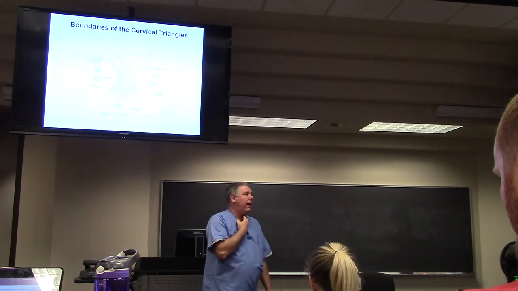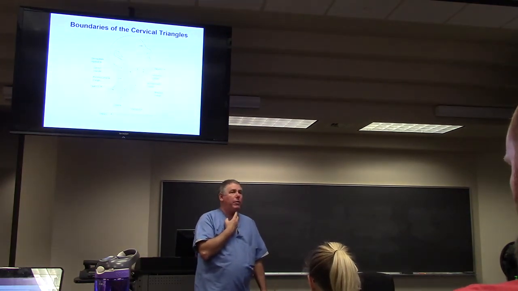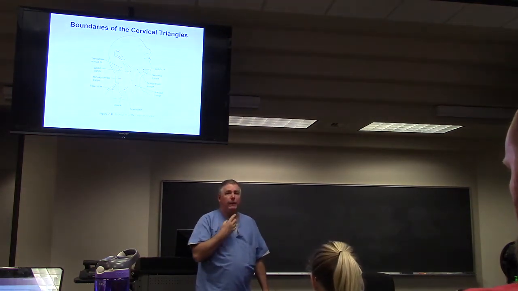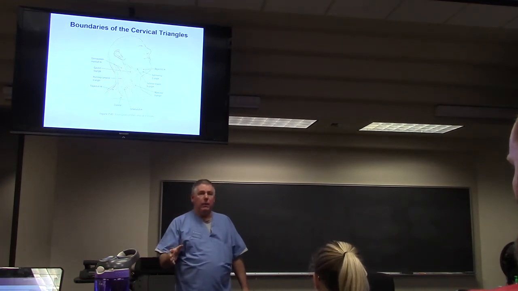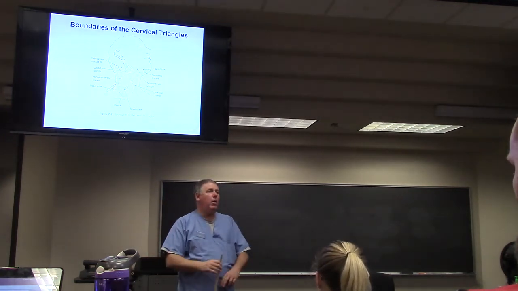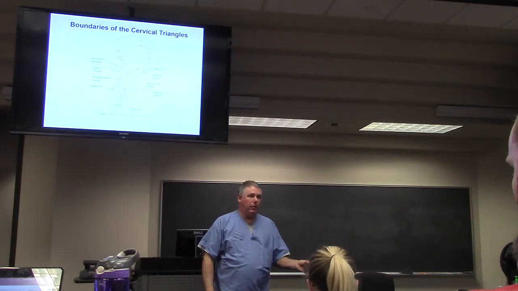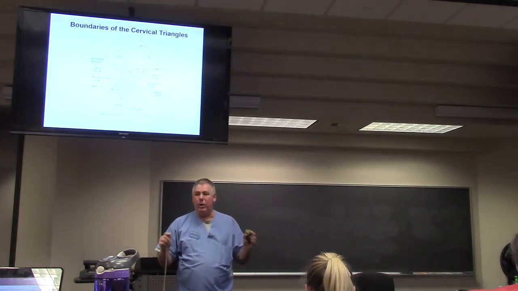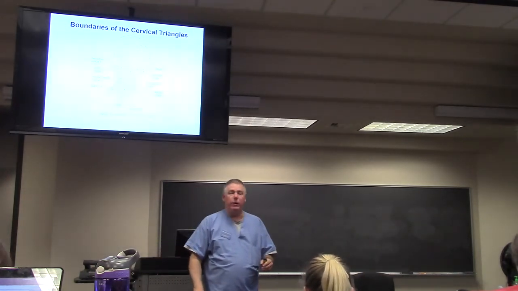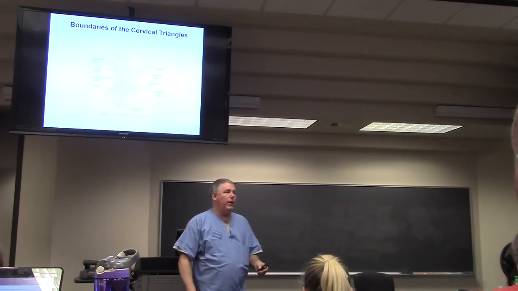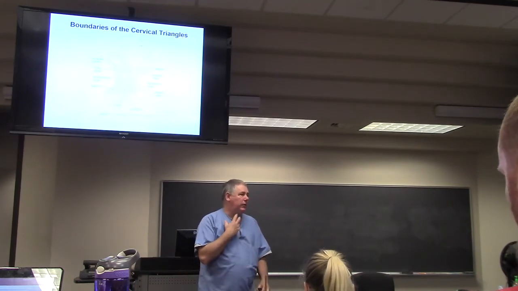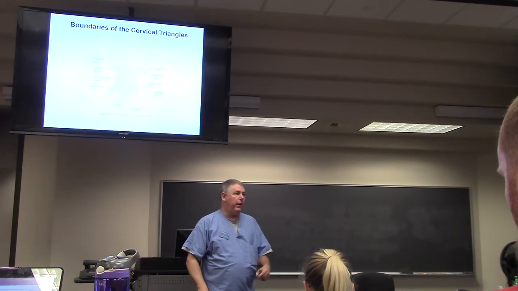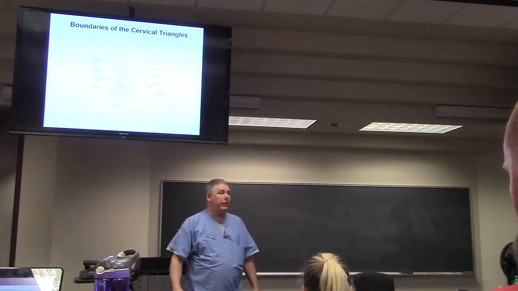And it's further subdivided into many little triangles that I don't care about. It's either anterior triangle or posterior triangle. That's how we're going to parcel things today. And when you're studying and trying to memorize the structures of the neck, you ought to know whether it's posterior triangle or anterior triangle.